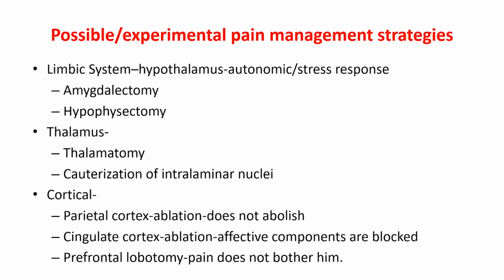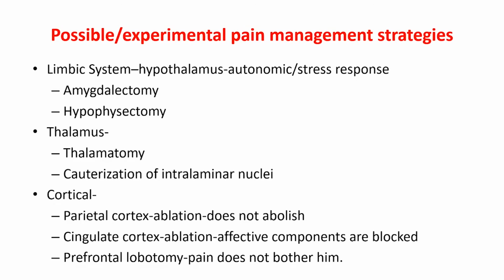Then there is the thalamic level. A thalamotomy, especially the specific thalamotomy, means by laser or cautery they destroy the particular nucleus which is transmitting the pain, so it is diminished. You can do the thalamotomy, especially of the VPL nucleus or the intralaminar nucleus or dorsomedial nucleus.